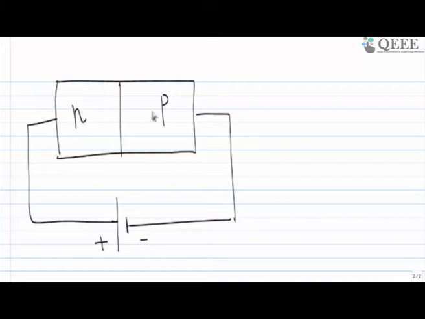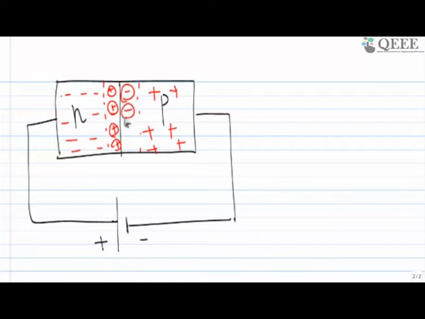When you connect P and N together, you are going to have depletion. Near this junction you see electron-hole pairs and there is recombination. There is a region which is called the depletion region.